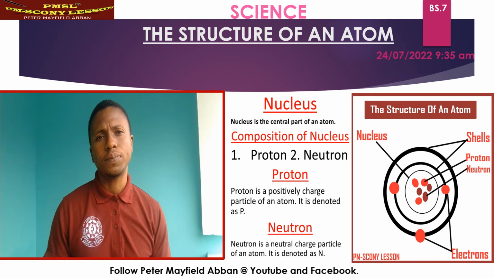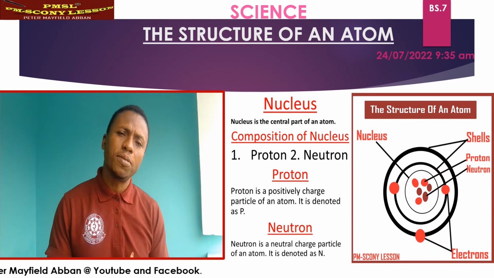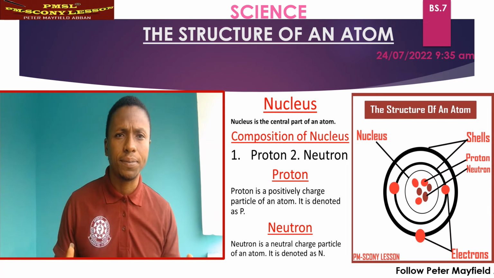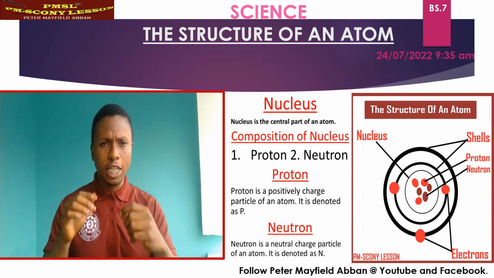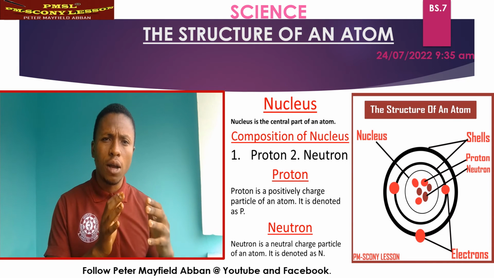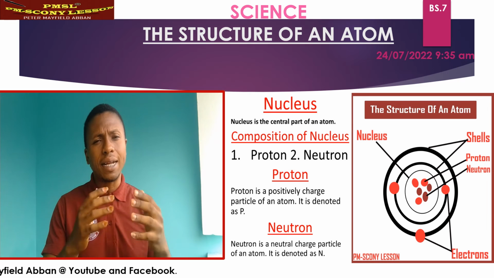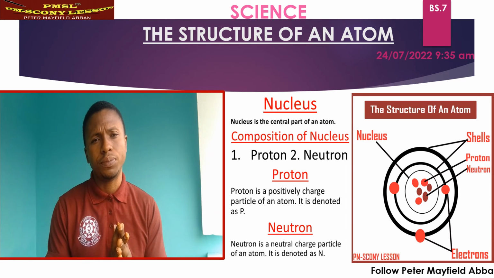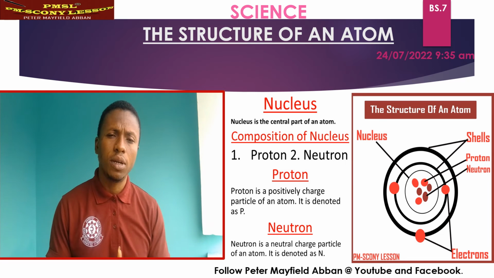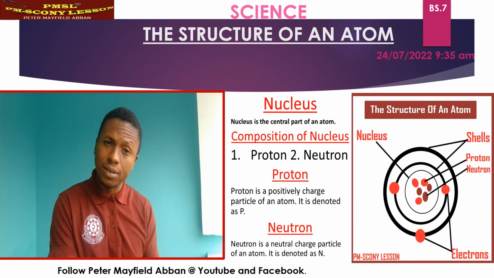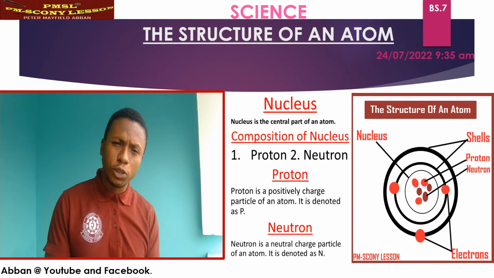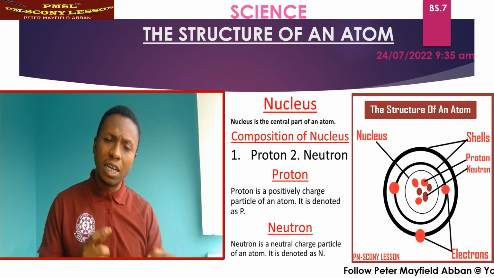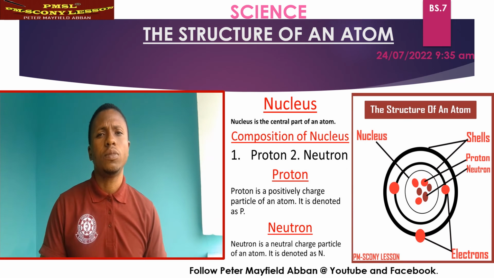So this comes to an end. In summary, what I'm trying to say is that an atom is the smallest particle of an element that can take part in a chemical reaction. The structure of an atom: you have the nucleus, the protons, which are positively charged particles, neutrons, neutral charged particles, electrons, negatively charged particles, and you have the shells.